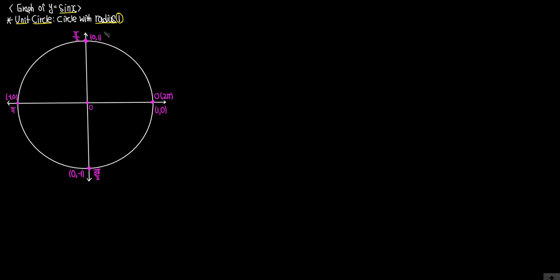Using this, we're going to graph y equals sine x using all the information we already got. Before we graph it, we need to review the properties and the definition of the unit circle on the coordinate plane with the x- and y-axes.